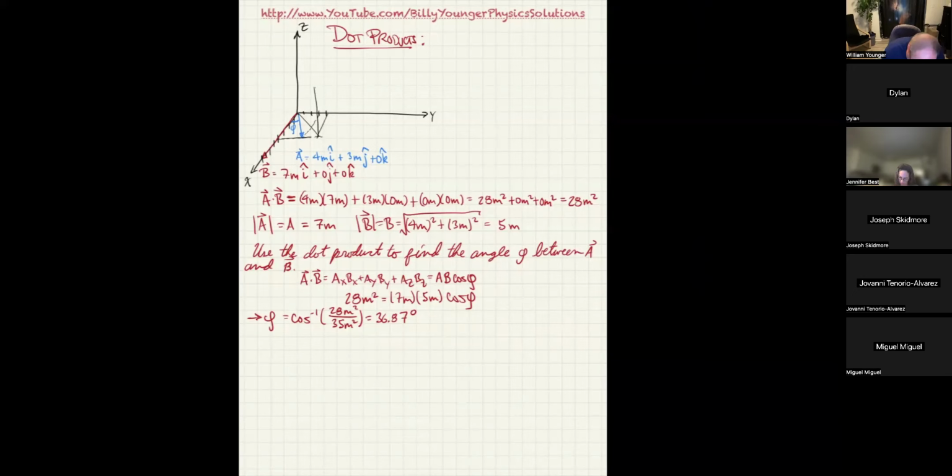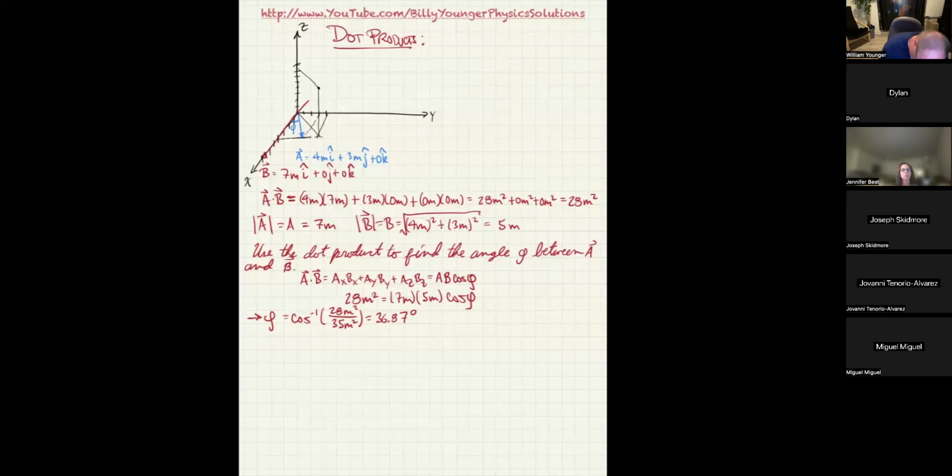And this time when I go up, that's going to allow me to make a vector that has a k component as well. So if I go up like this, then I can complete this line and go like that. And 1, 2, 3, 4, 5, 6, 7, 8, somewhere around there. I'm going to assume it hits right there.